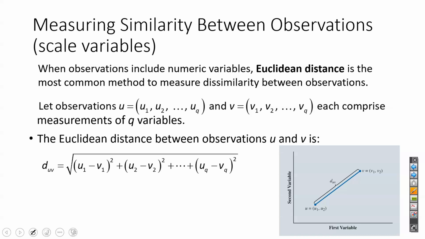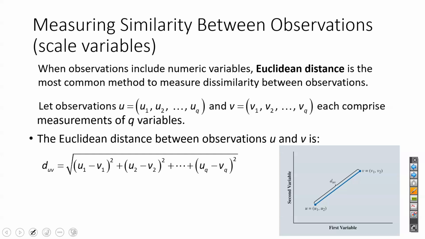How can we measure the distance between any 2 observations? The calculation is actually pretty simple. We basically just need to figure out what would be the geometric distance between any 2. So if we have 2 variables, I simply use the distance of x squared plus the distance of y squared, sum them together, and take the square root.